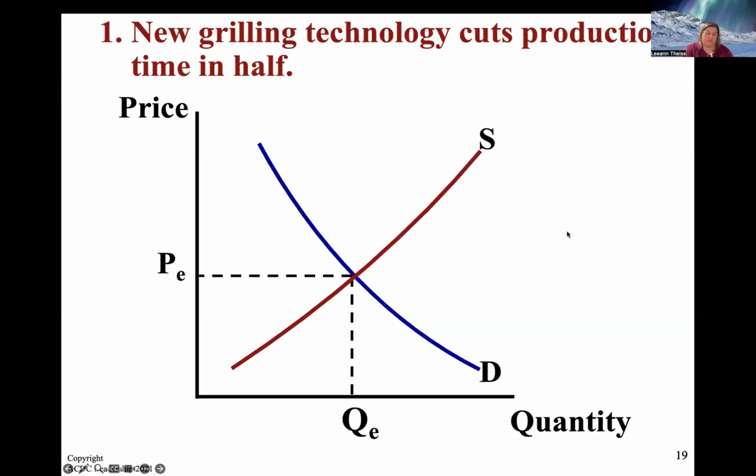So the demand shifters are going to be taste and preferences. Make your list. Incomes, number of buyers. If there's more people, there's more demand. If there's less people, there's less demand. Future expectations.